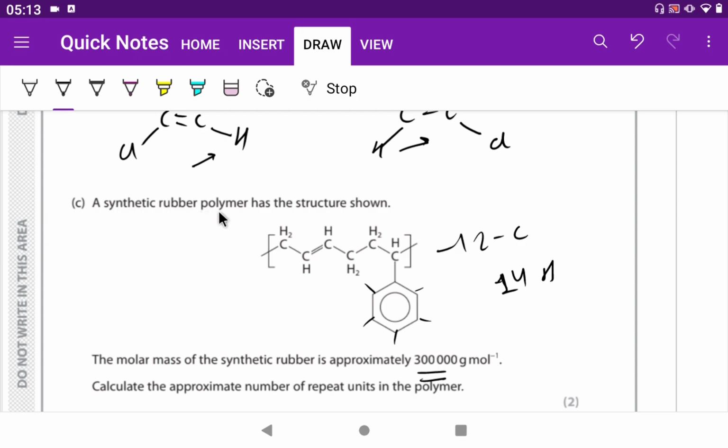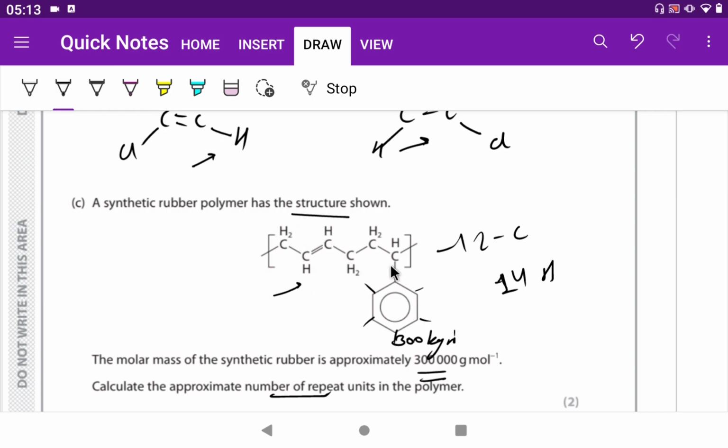A synthetic rubber polymer has the structure shown. The molar mass of the synthetic rubber is approximately 3 lakh grams per mole, meaning 300 kg per mole. Calculate the approximate number of repeat units in the polymer. For finding the approximate repeat units, I need to find the molar mass of this single unit.